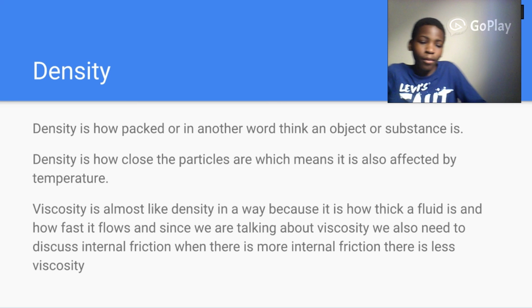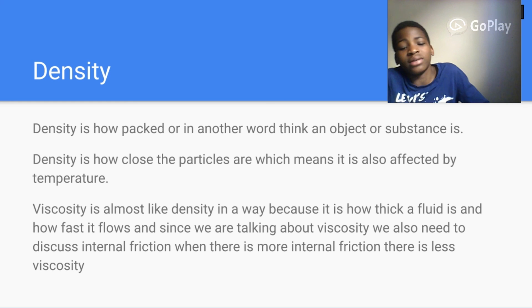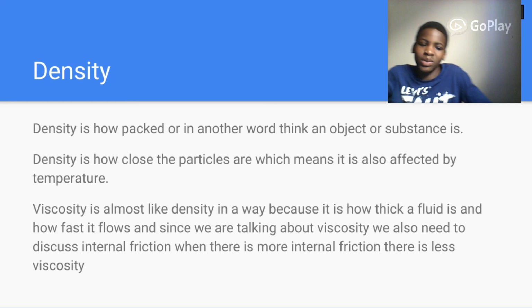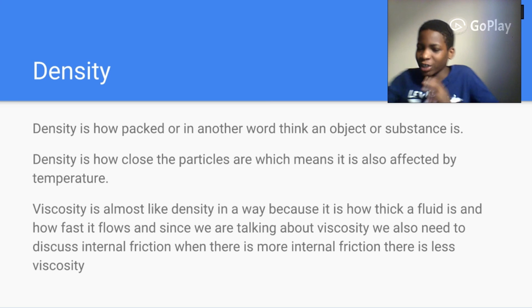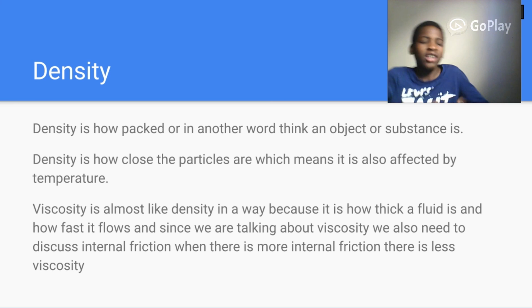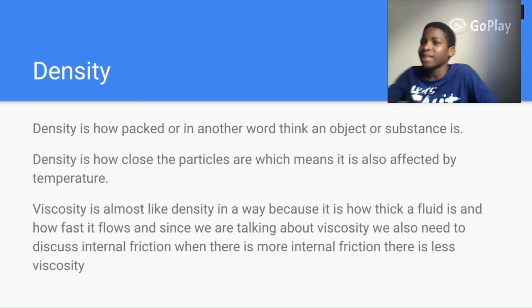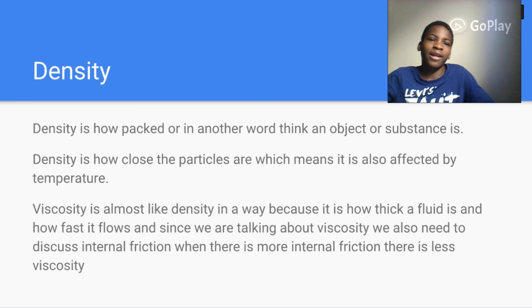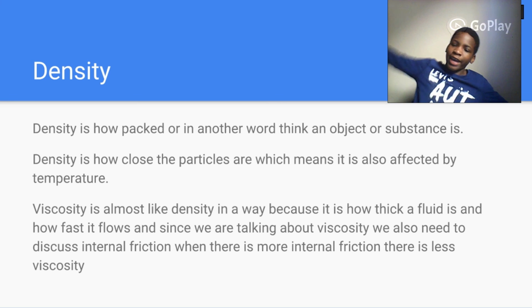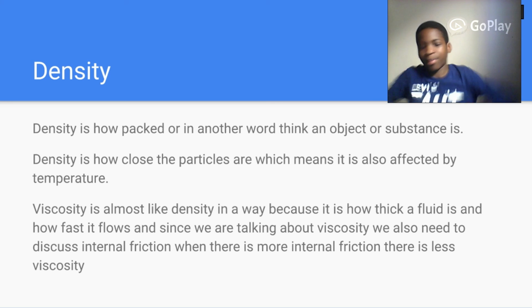And viscosity is almost like density in a way, because it's how thick a fluid is and how fast it flows, right? And since we're talking about viscosity, we need to discuss internal friction. So when there's more internal friction, there's less viscosity. Because if you think about it like this, let's pretend you're trying to go through a hallway, and people have their hands and feet up and down, right?